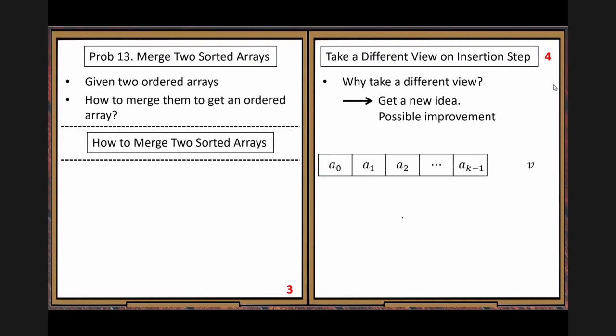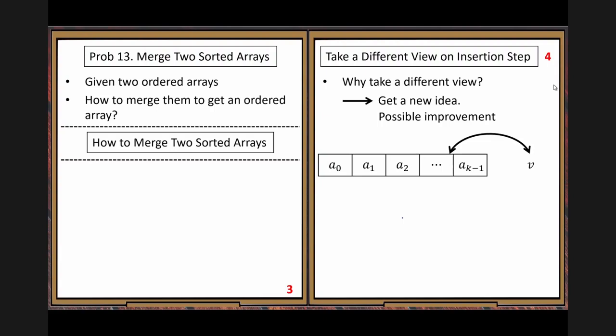So here, how do we connect to the merge step? You know the merge step, we just described it. It looks not the same, quite different. These two steps are quite different.